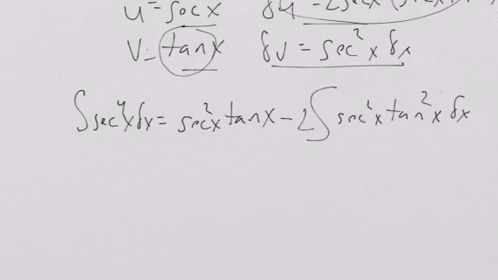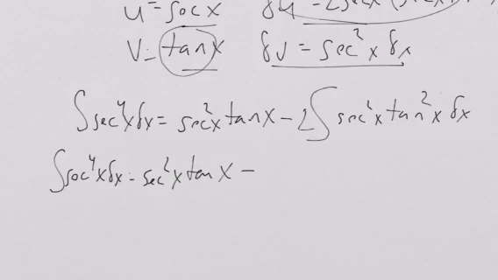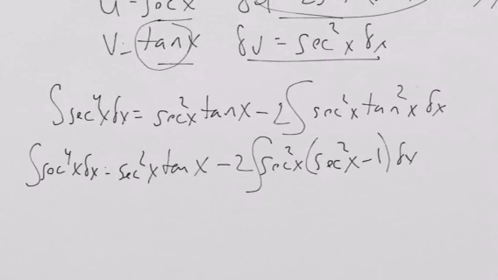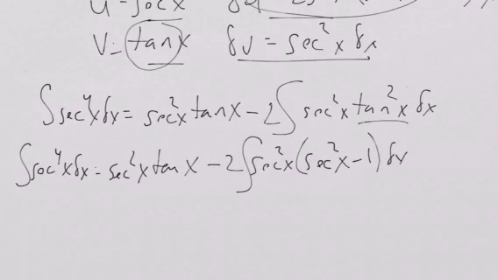Let's see what we have. So we have secant to the 4th x equals secant squared x tangent x minus 2 secant squared x times secant squared x minus 1. And so that's, again, one of those Pythagorean identities that tangent squared is equal to secant squared x minus 1, or a manipulation of that.